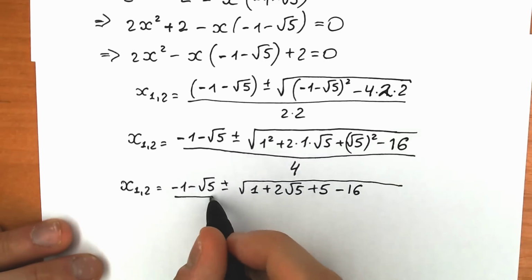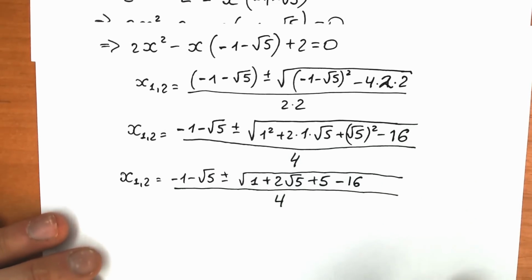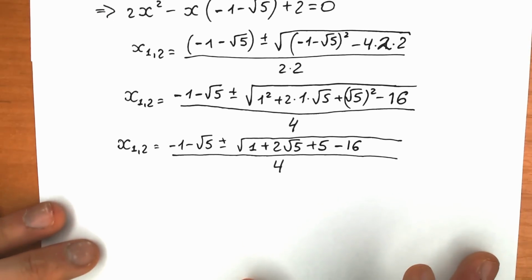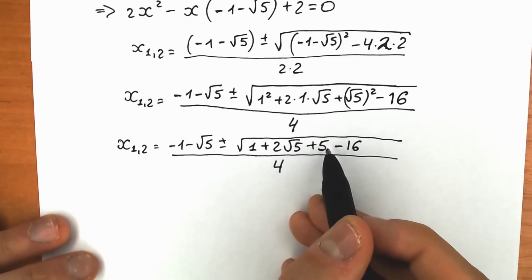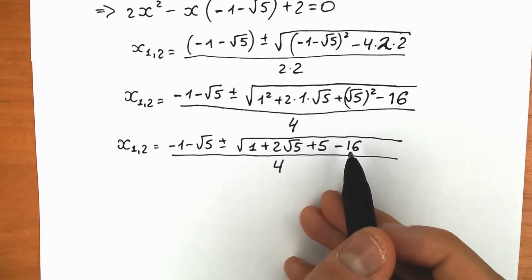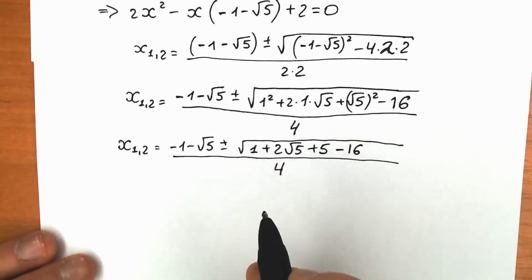And we divide all of these by 4. Don't forget about our denominator. We divide all of this by 4. Let's simplify this. What do we have right here? 1 plus 5, we have 6. 6 minus 16, we have minus 10. Okay, so in a square root sign, we have 2 square root of 5 minus 10.